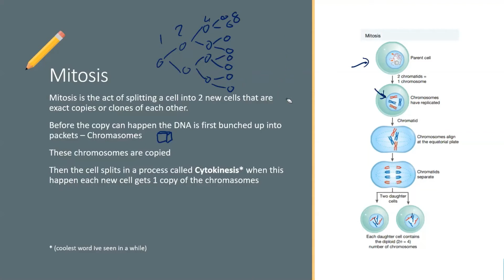Ultimately, as time goes forward, the amount of cells that you have increases at an exponential growth rate. It just gets more and more. And this is how a baby is able to start off with one cell. You don't need to copy the diagram.